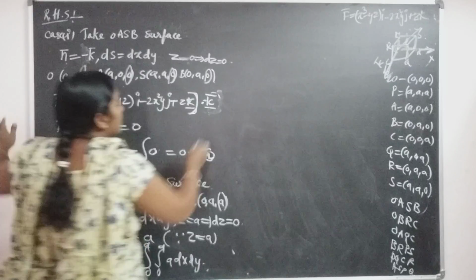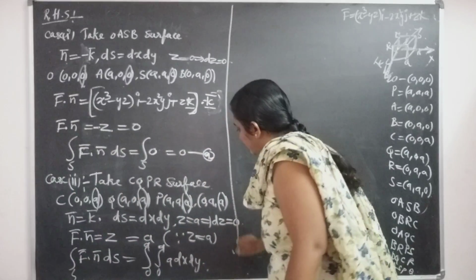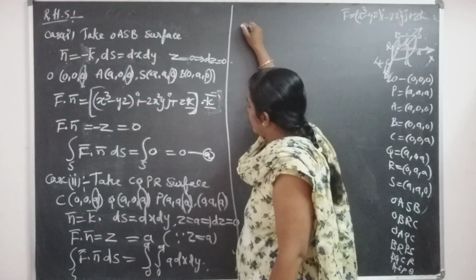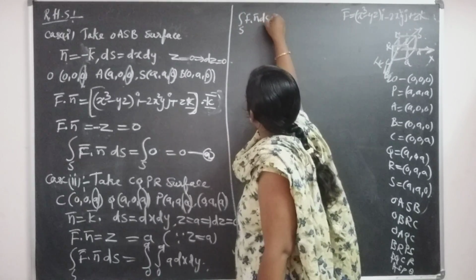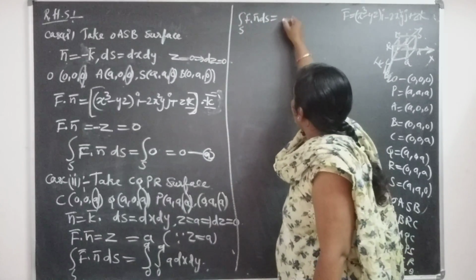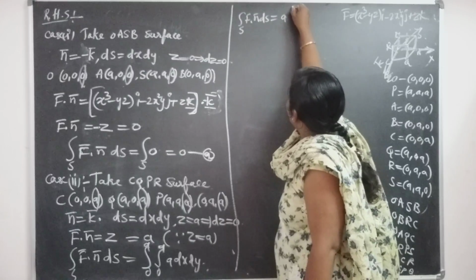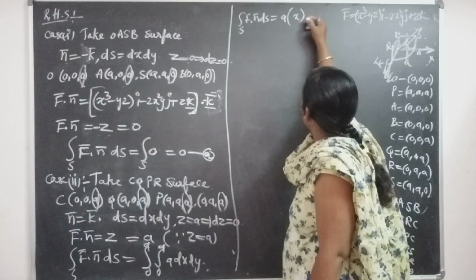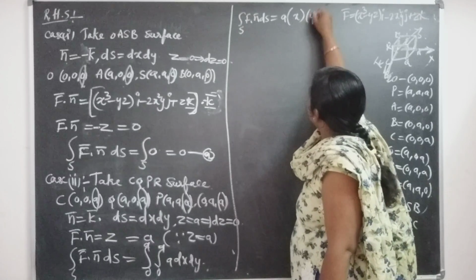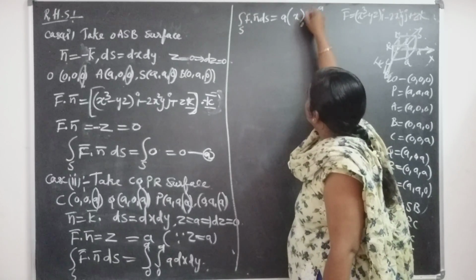A is a constant, so it is outside. For x, integration of 1 dx is x, and for y, integration of 1 dy is y, from 0 to a, 0 to a.